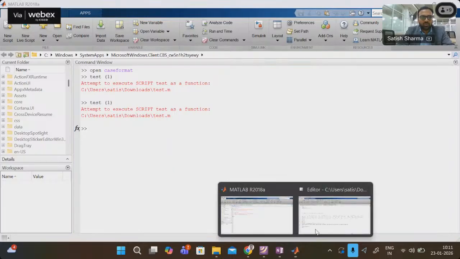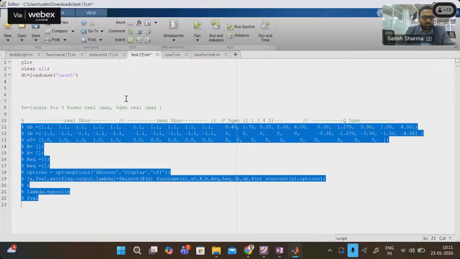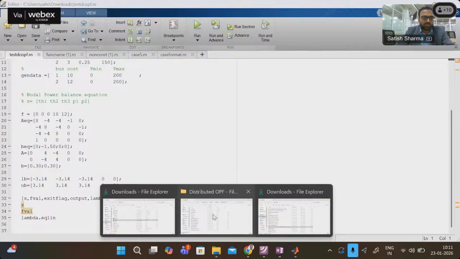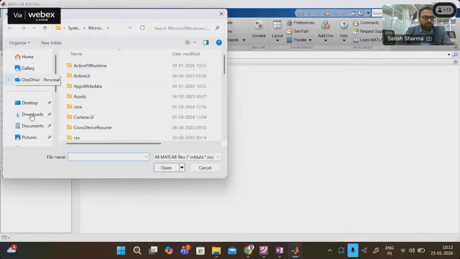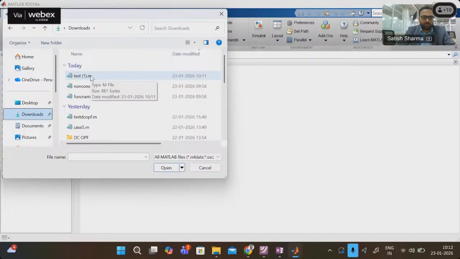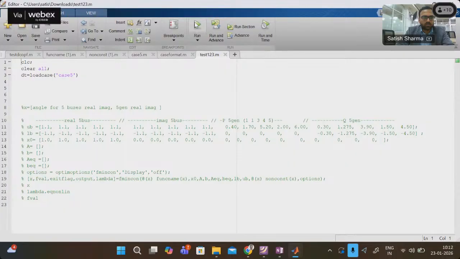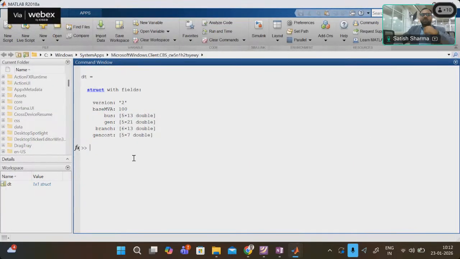Okay. So if I run this one, the data is basically loaded on my system.